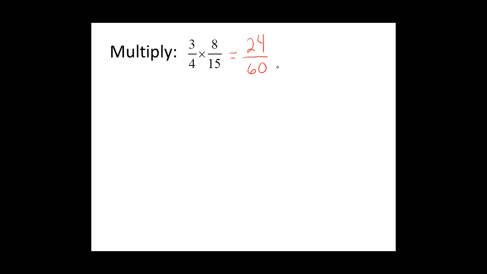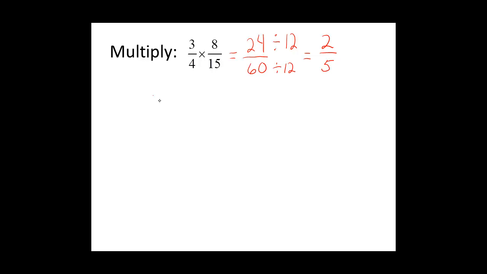The greatest common factor of 24 and 60 is 12, so we can divide the numerator and denominator by 12. 24 divided by 12 is equal to 2, and 60 divided by 12 is equal to 5.